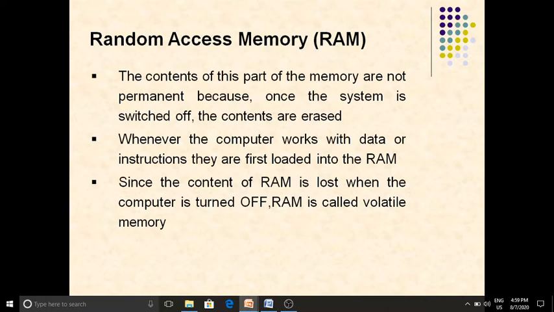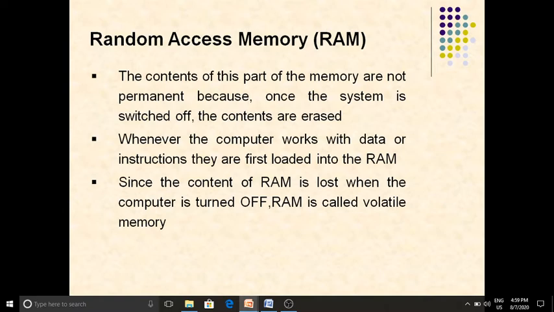Now, students, whenever you switch on the system, the ROM comes into the picture. The configuration is already stored, and the booting process starts.